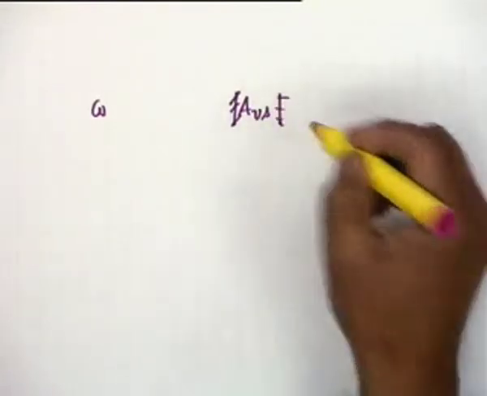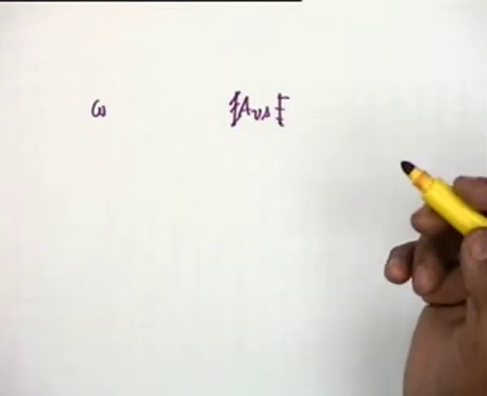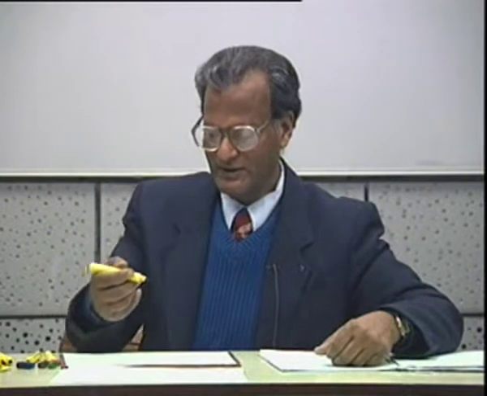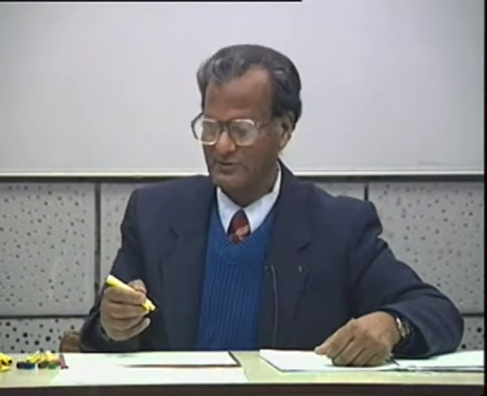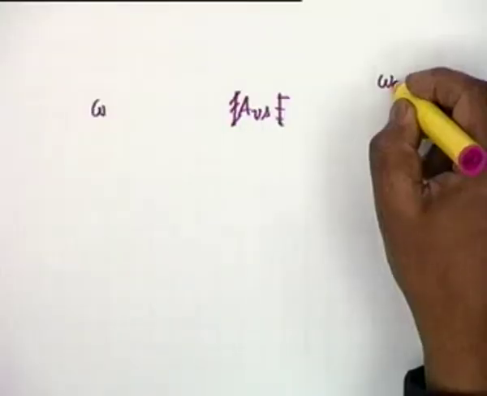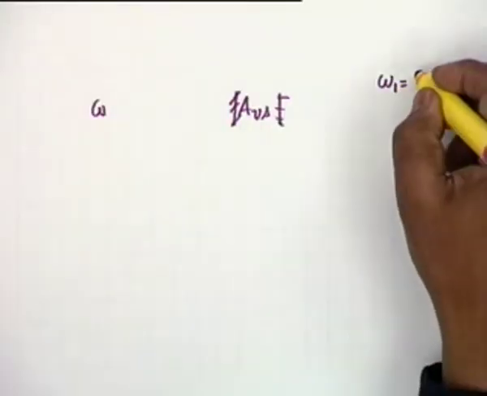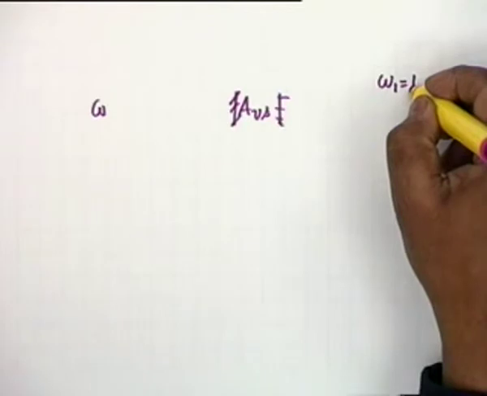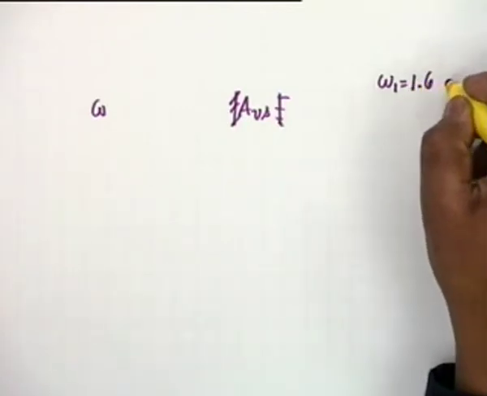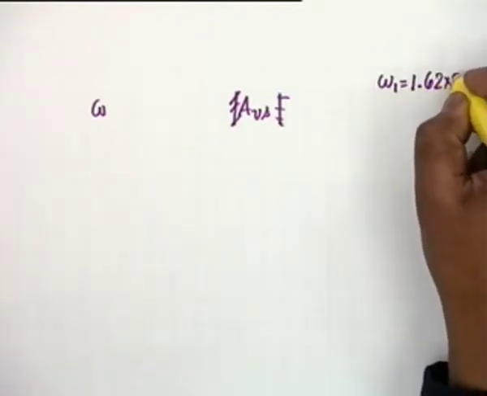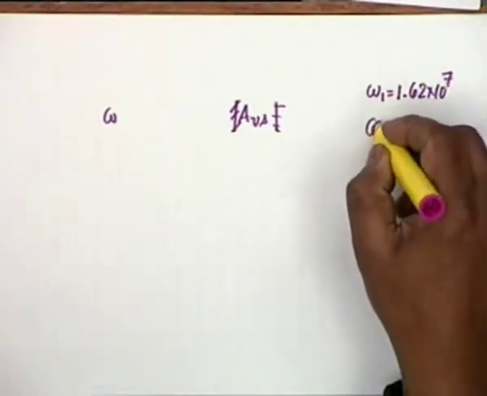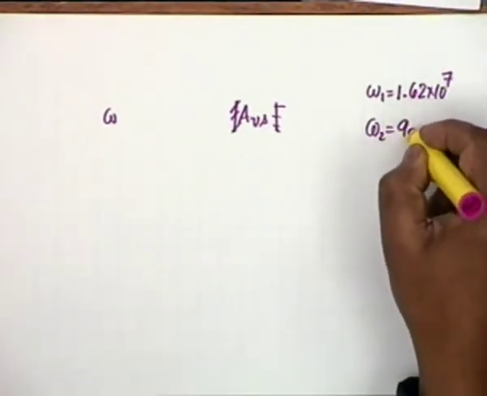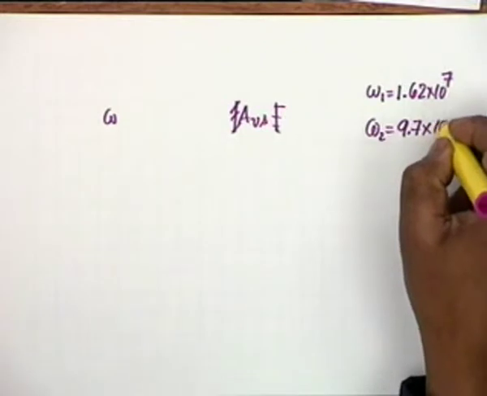Obviously you have to feed it into a computer, I mean hand calculation would be too large, at various values of omega. Now will you give me the value of omega 1? What did we calculate? 1.62 times 10 to the 7. And what was omega 2? 9.7 times 10 to the 7.